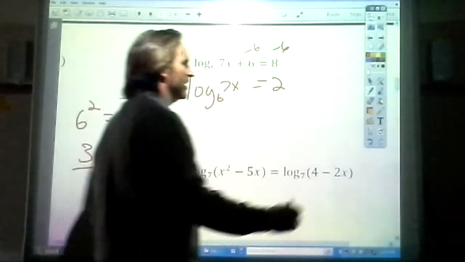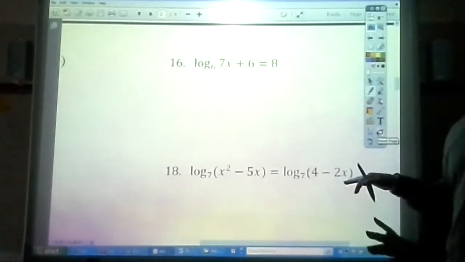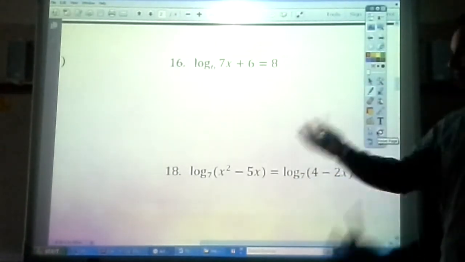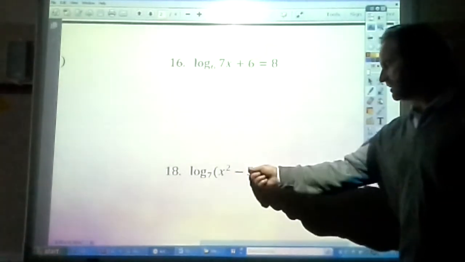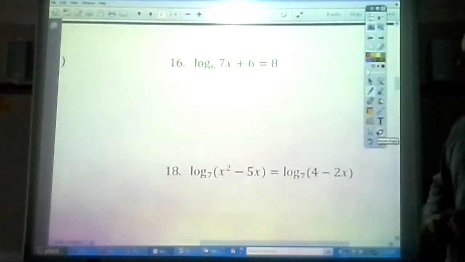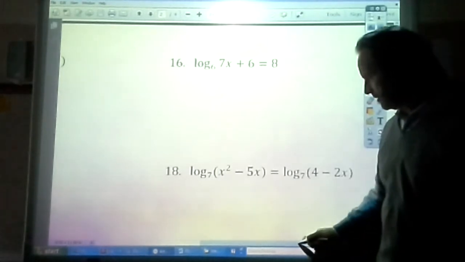Okay, and then you get this type of situation where you've got log on both sides, and that's basically, hey, if this log equals this log, and they obviously have the same base, then this has to equal this. Okay, and you solve for x by setting things up.